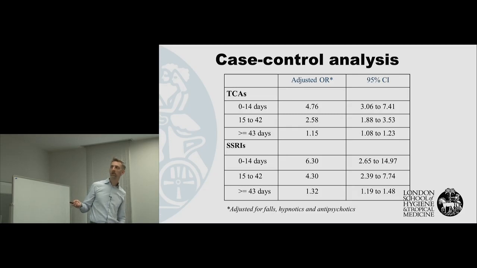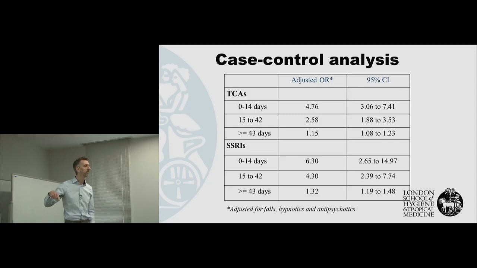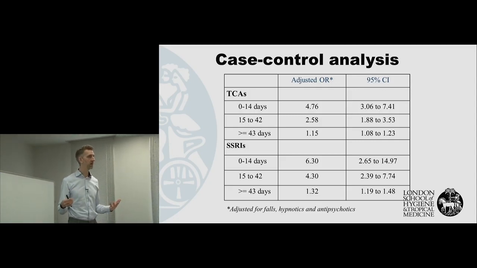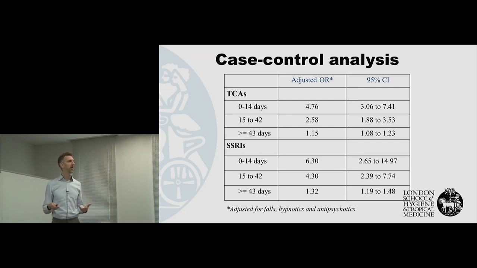As time goes on, from 15 to 42 days and over 43 days, this estimate of a harmful association returns towards 1. Okay? So it seems that the risk is increased, especially at the start of treatment, and potentially it's worse for the SSRIs than the tricyclics. So that's the case control results.